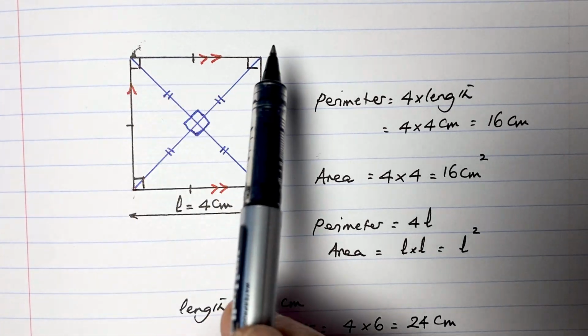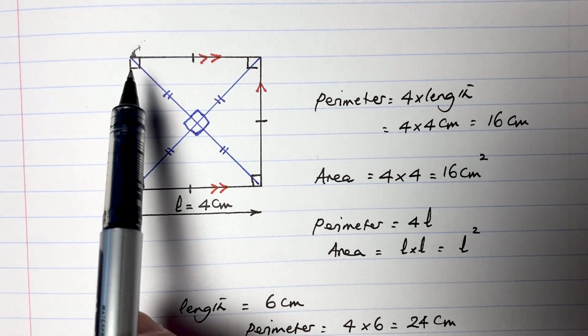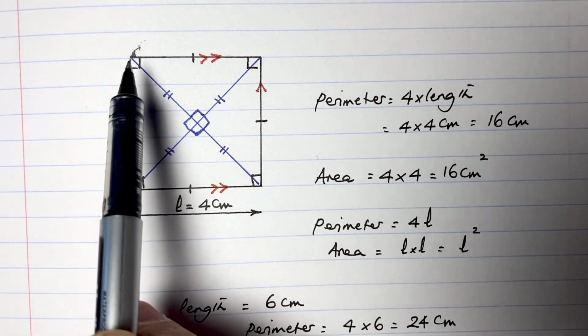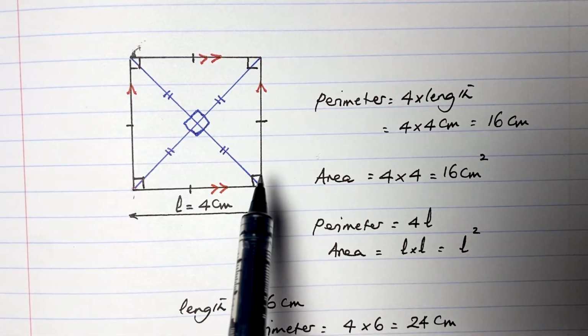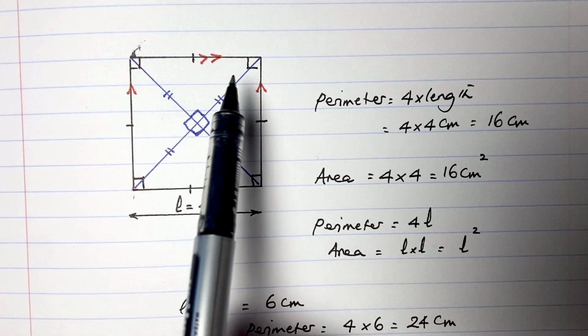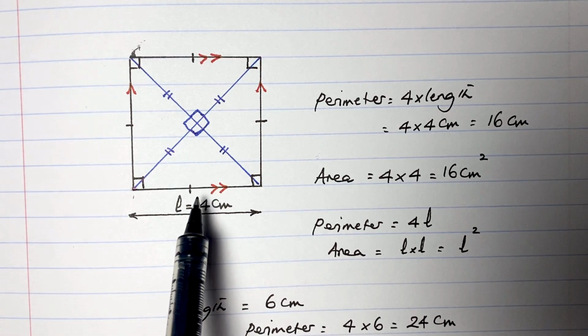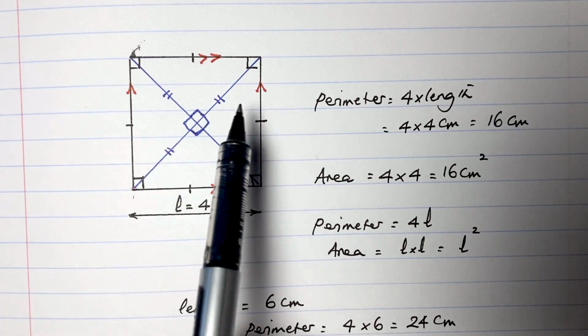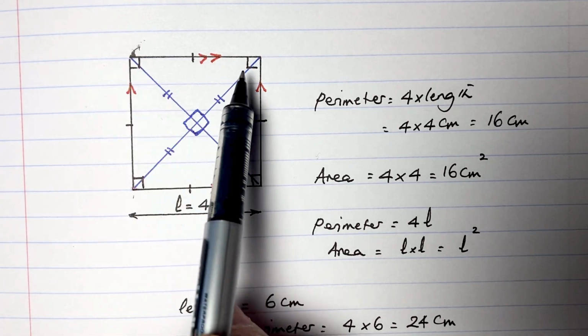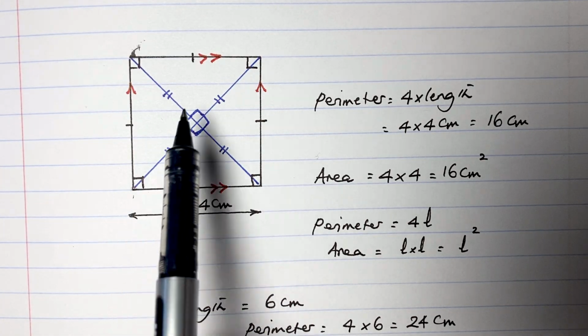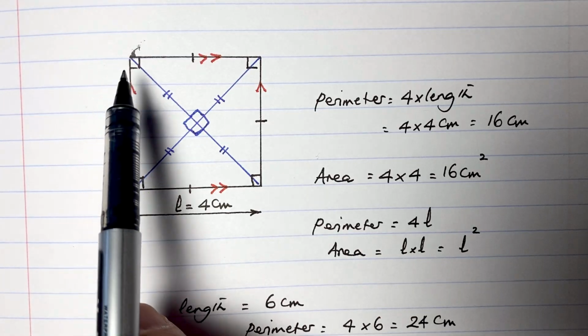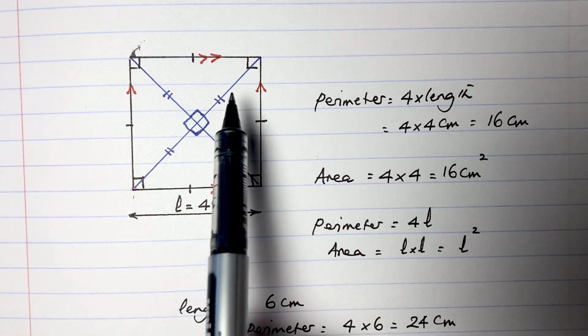A square has 4 straight sides. All sides are equal. The opposite sides are parallel. These two are parallel. These two are parallel. 90 degrees at each corner. Diagonals are equal.